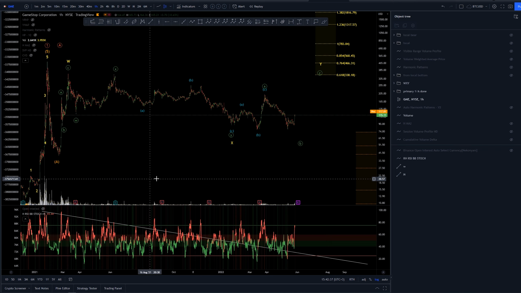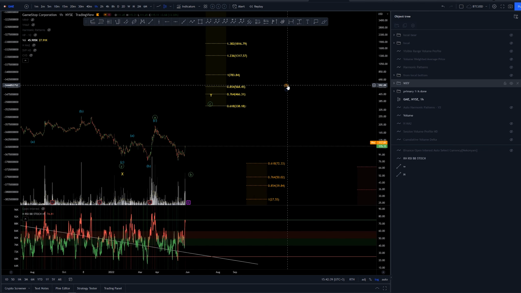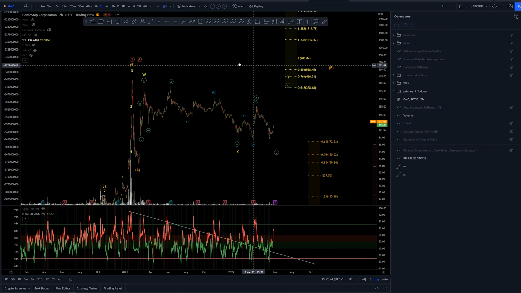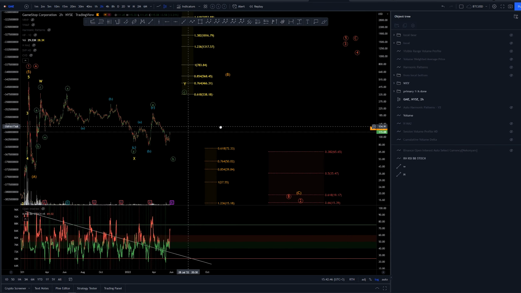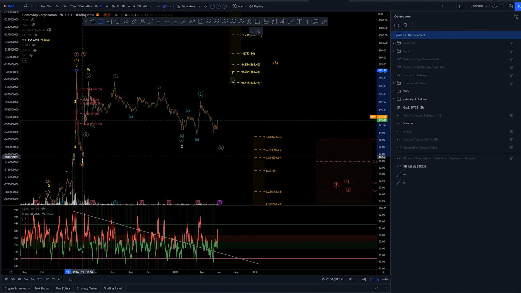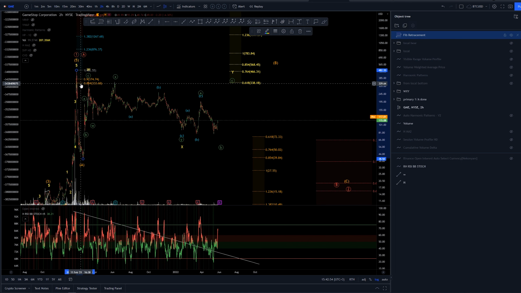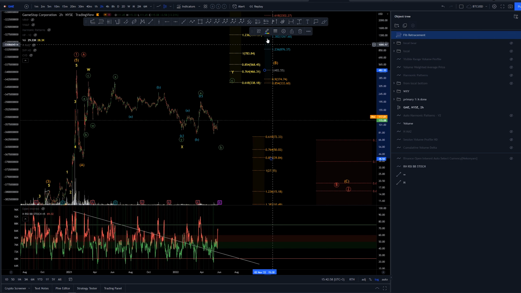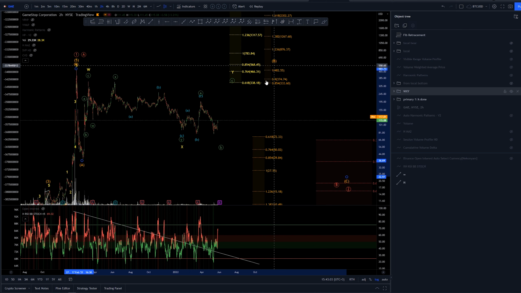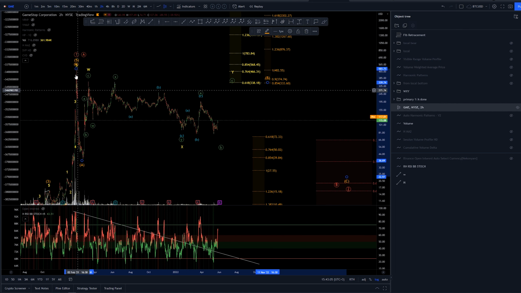At this point we would also be completing the wave B, depending on how high we get. Of course it can be a WXY or ABC structure, so let's measure that as well. If it wants to be a B wave, it needs to get to these levels, around 85.4% retracement of the A wave.